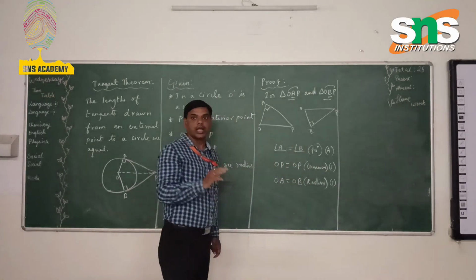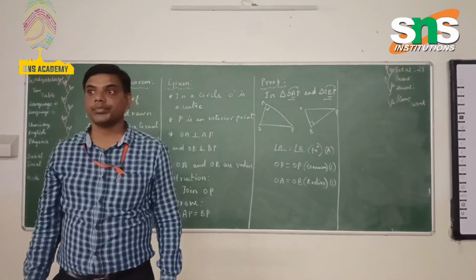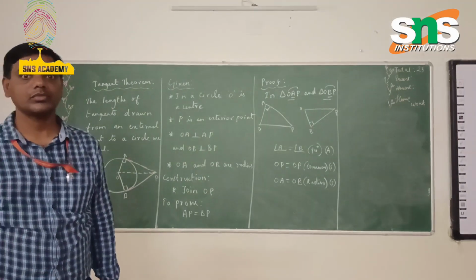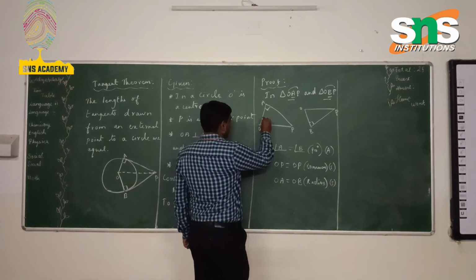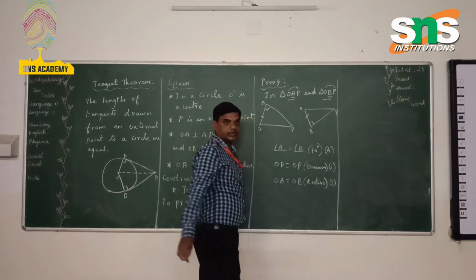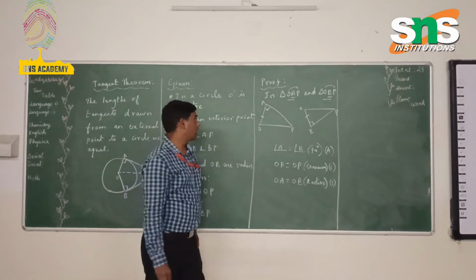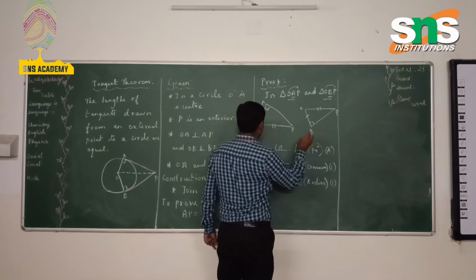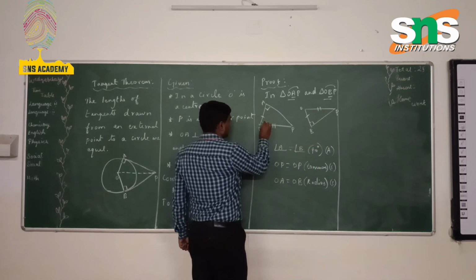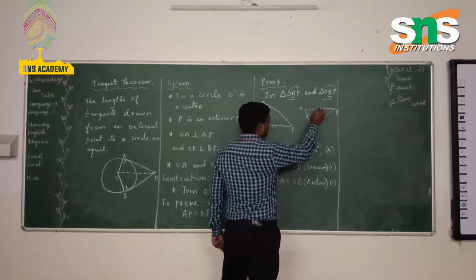Three things we got. Which criterion can we use? SAS is not possible, because we have OA equal to OB and OP equal to OP, and we do not have an equal angle in between these two.